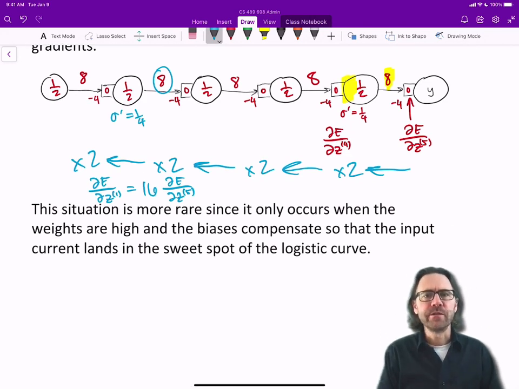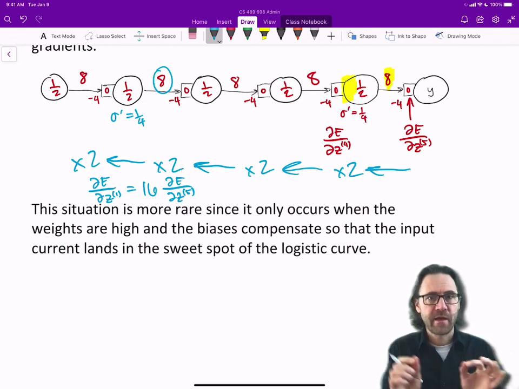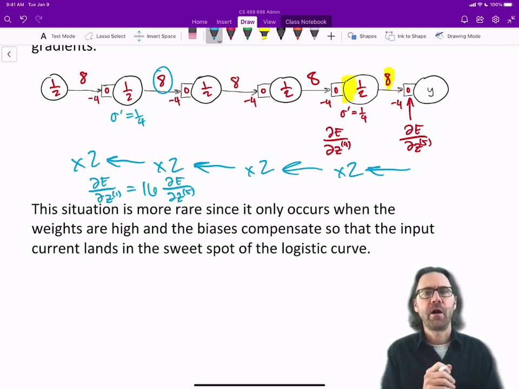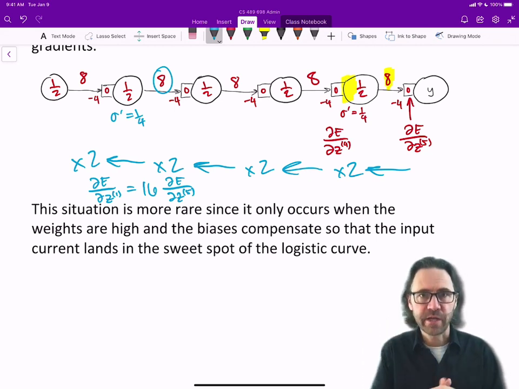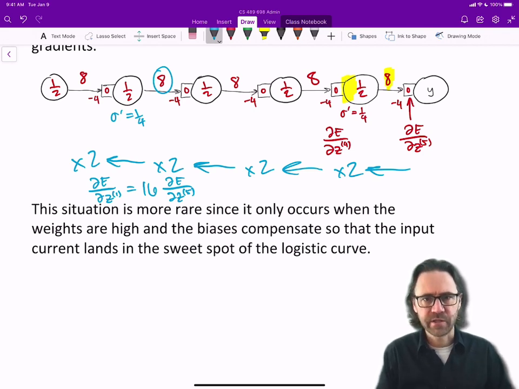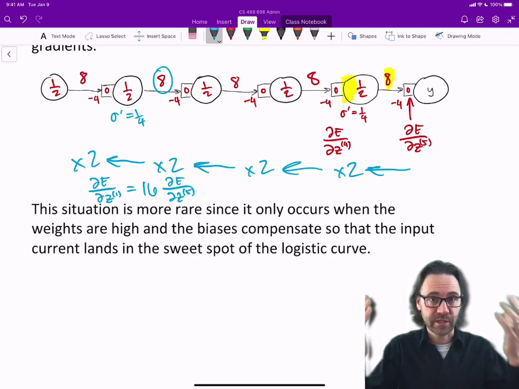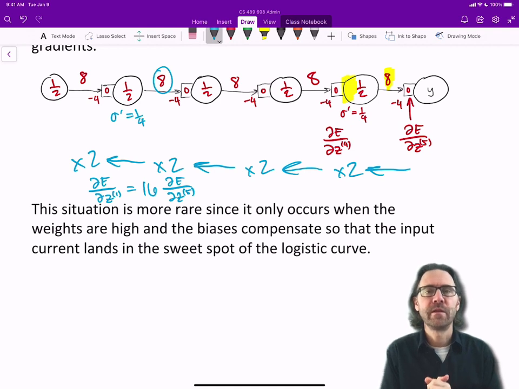This situation is more rare since it only occurs when the weights are high and the biases compensate so that the input current lands in the sweet spot of the logistic curve. So when your weights are big but they're centered on the logistic function, you can get this exploding gradient problem.